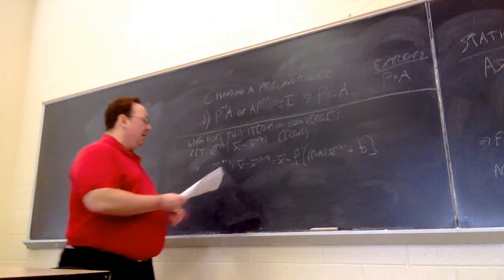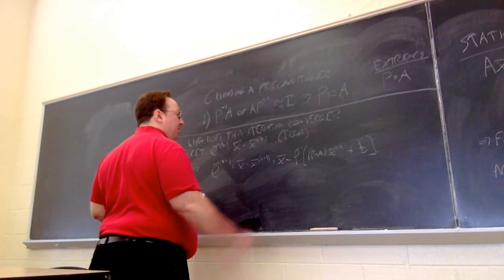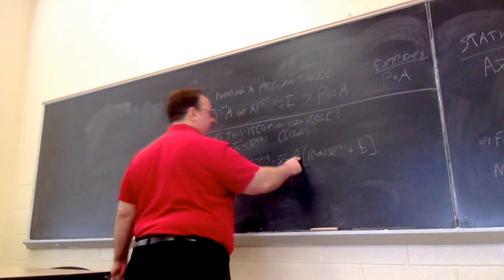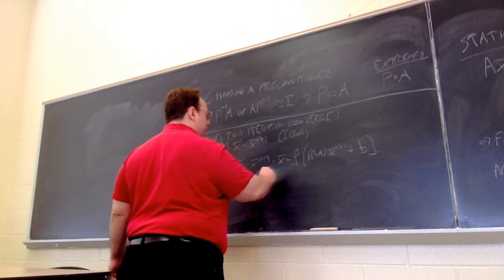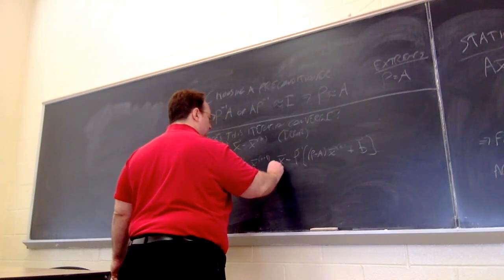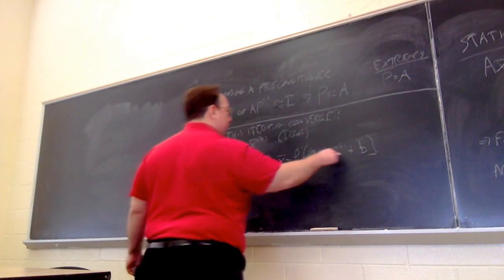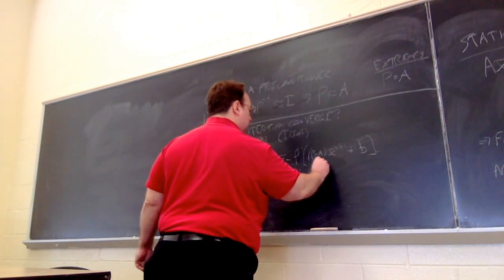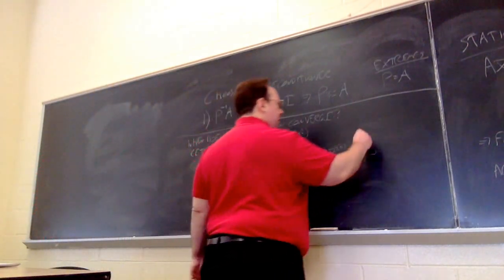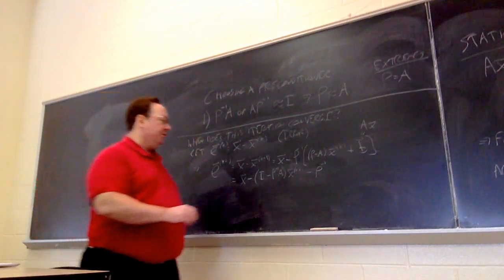So now you can just distribute this P inverse through everything. So now I'm going to have P inverse P, that's identity, minus P inverse A xk, and then minus P inverse B. But B is equal to AX, where X is the exact solution, so I'm going to fill that in here.